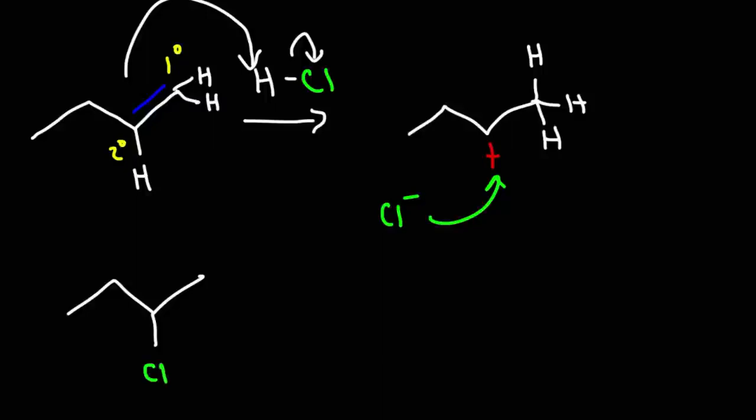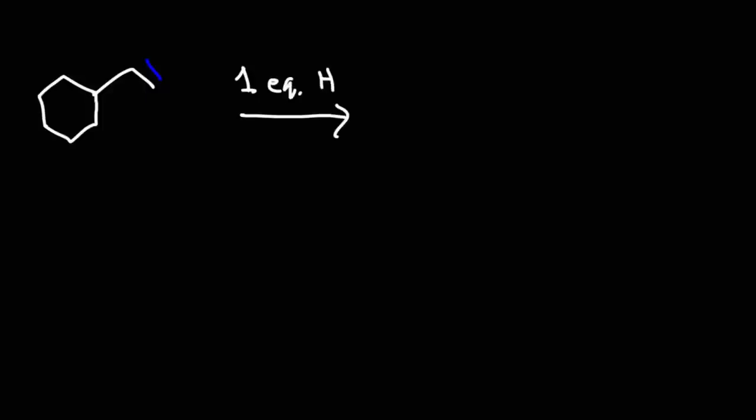So now let's work on another example. Let's react this alkene with 1 mole of hydrobromic acid, or we could say 1 equivalent of HBr, and 2 equivalents, or 2 moles, of sodium iodide.